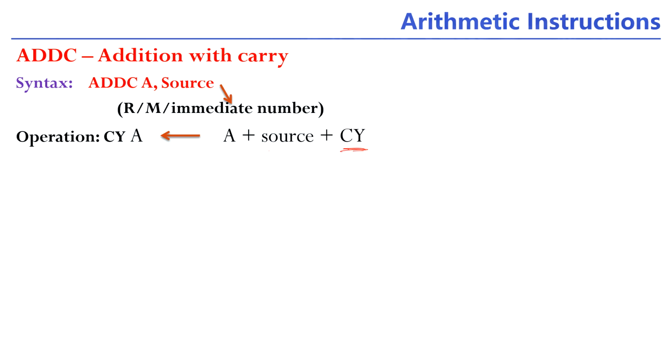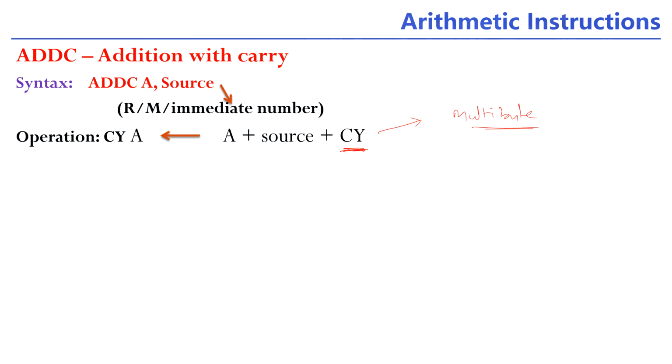The main application of this ADDC instruction is when you are adding multi-byte numbers. When you are adding multi-byte numbers, the carry should be propagated to the next addition. So that's why this ADDC will be used. This is one of the applications of ADDC.